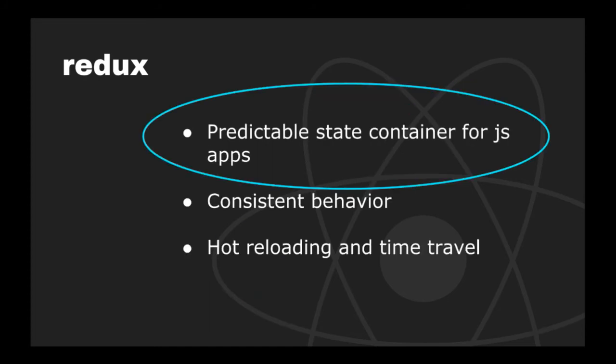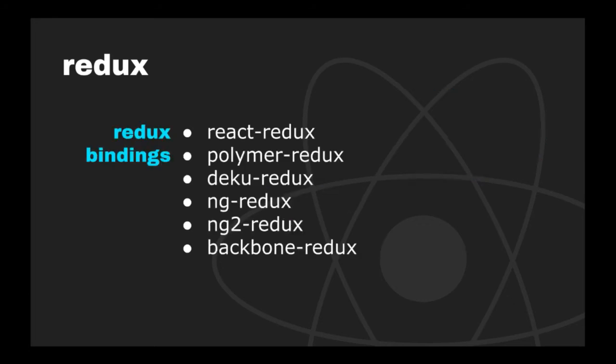So the most important thing is that Redux is a predictable state container for JavaScript applications. So we can connect Redux with any kind of JavaScript application. And Redux itself is providing us bindings for different UI frameworks.